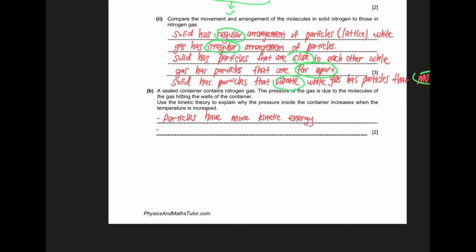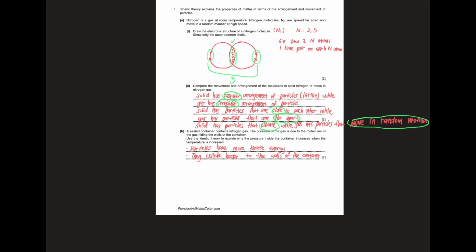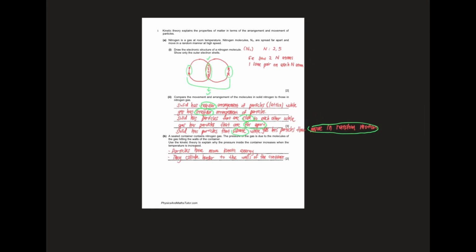So they collide harder to the wall of the container. So from these 2 points, then you get 2 marks. Okay, so let's move on. We look at the next page then.